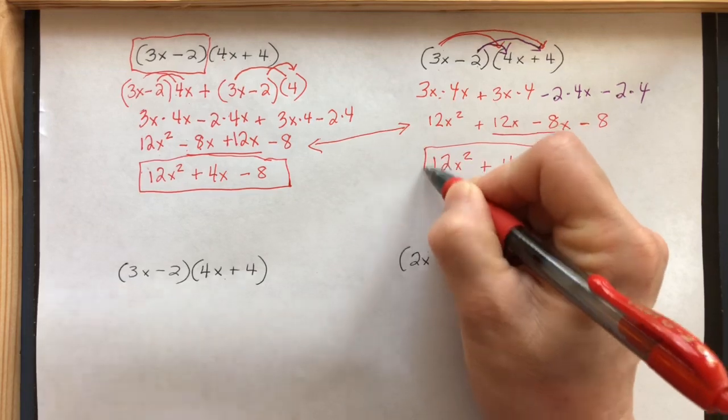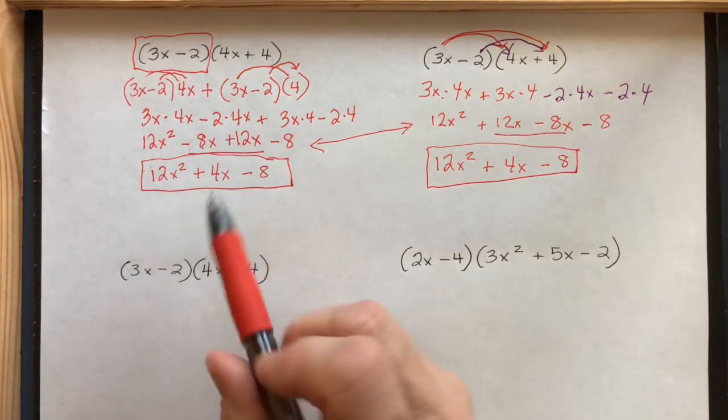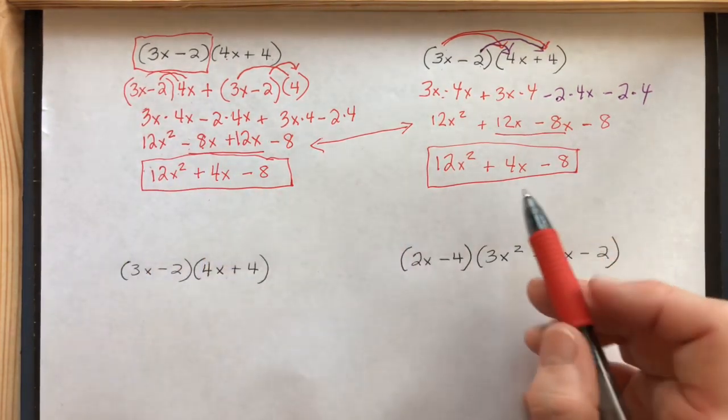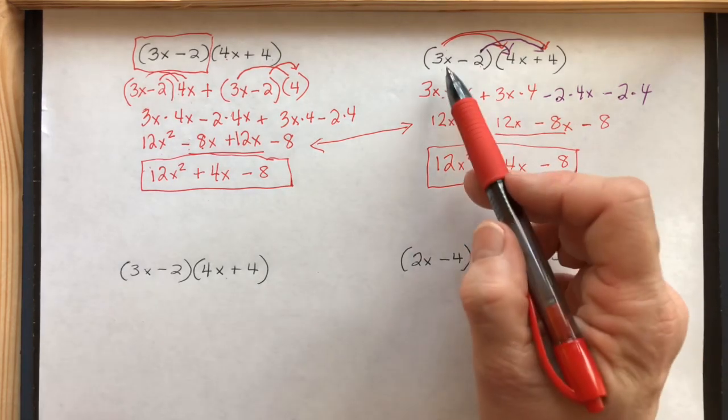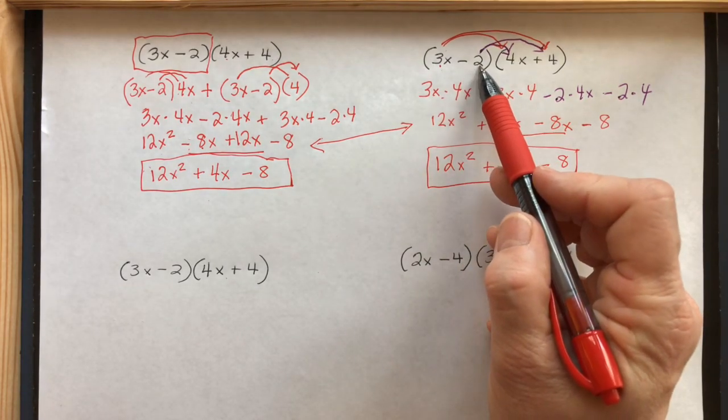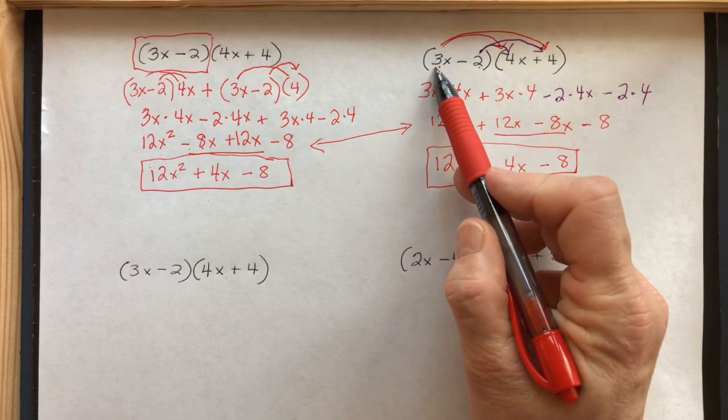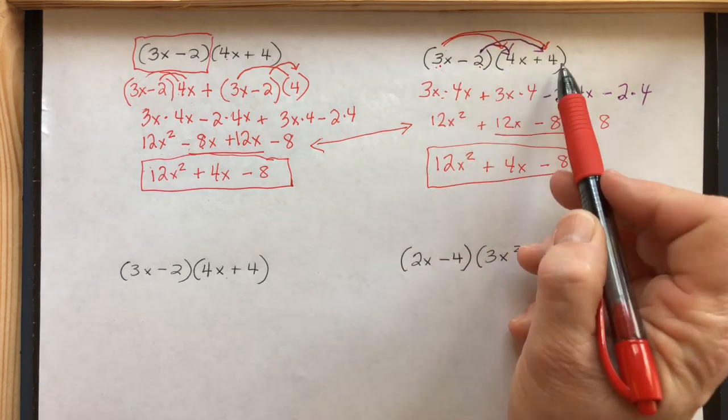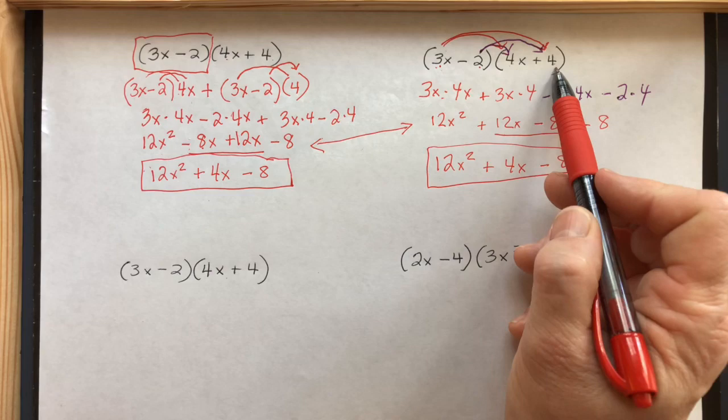And see, I came up with the same answer. This one was using the distributive property. This one, I was taking everything in this first term of the binomial and multiplying it by everything in the last term.